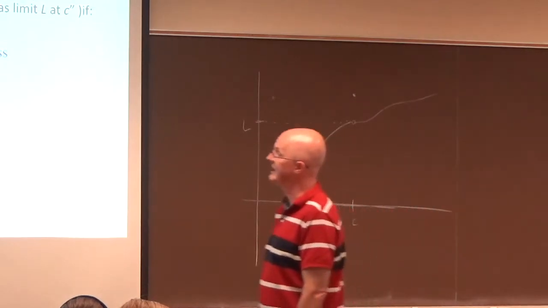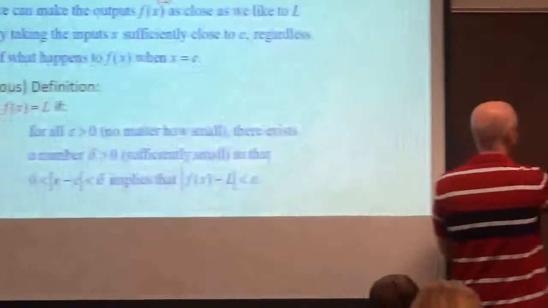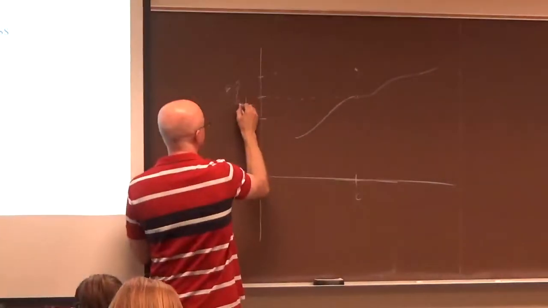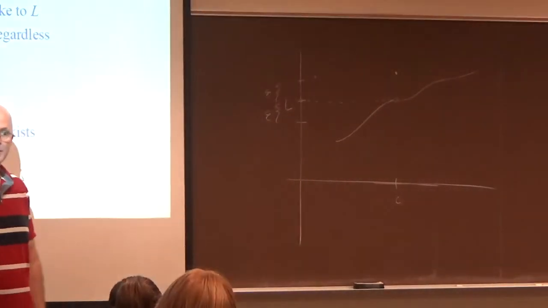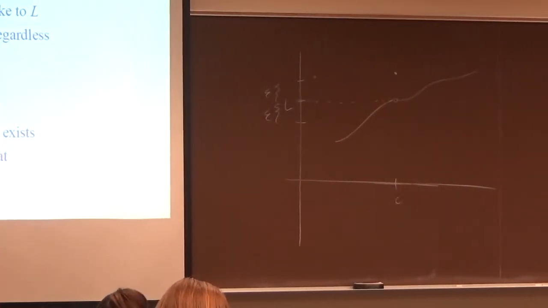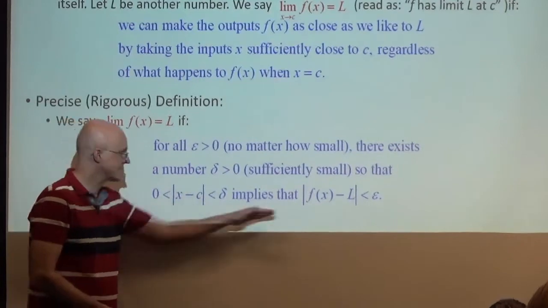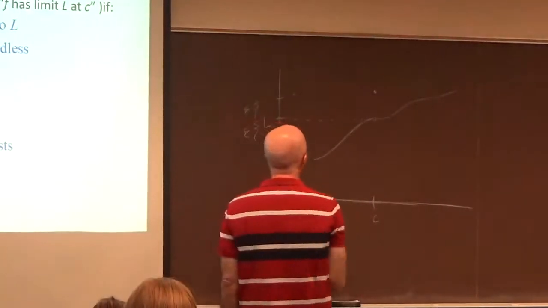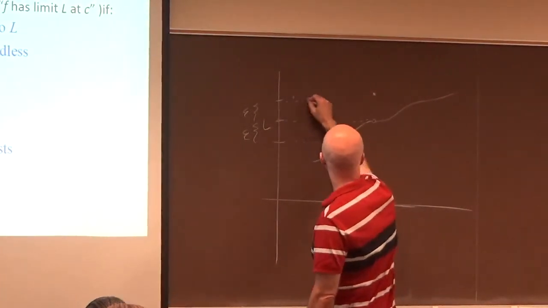Epsilon, this Greek letter right here, is your measure of arbitrary closeness, and can be thought of as a vertical distance away from L on the vertical axis. This other number, delta, is something you need to pick sufficiently small so that this happens. Now, in the picture, what does that mean delta should be?